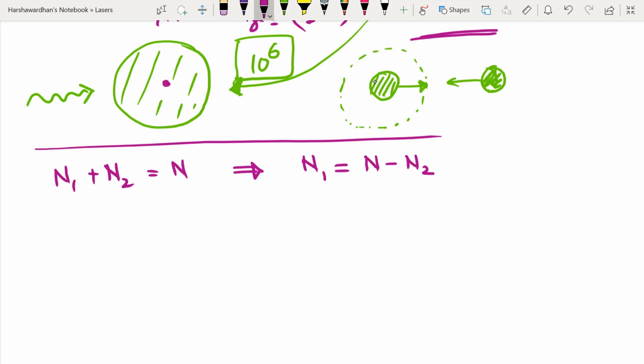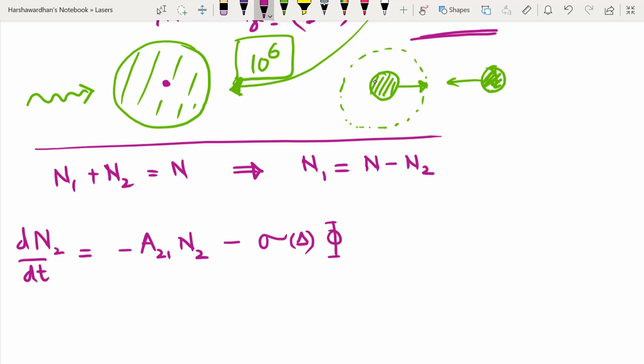So I can write down my dN2 over dt in the following form. I have minus A21 N2, minus sigma, which is a function of frequency, times phi times N2 minus N1. Please go back to the top and look at these equations.